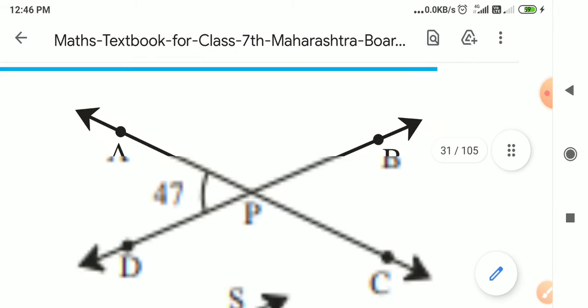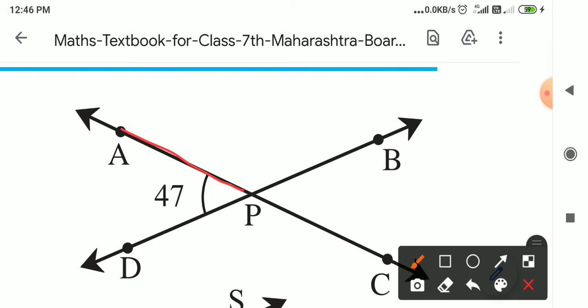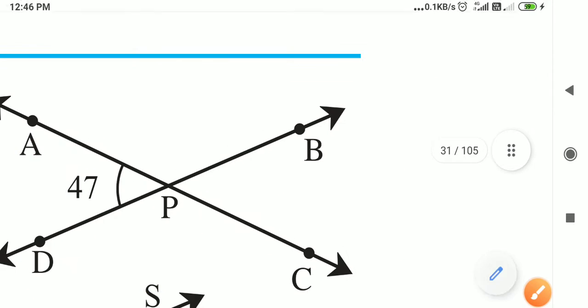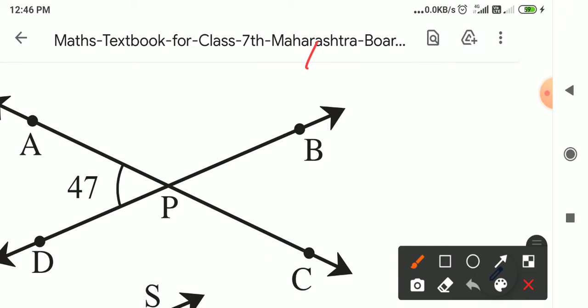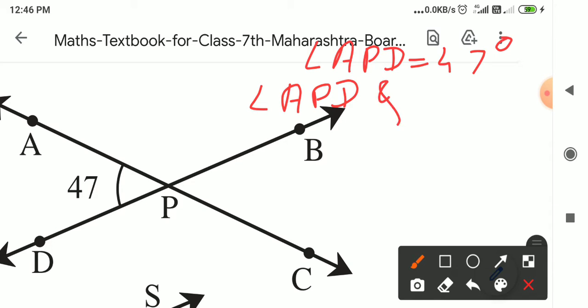Angle APD, what is its measure? 47 degrees. So you have to write angle APD is equal to 47 degrees. Angle APD and angle BPC are vertically opposite angles.